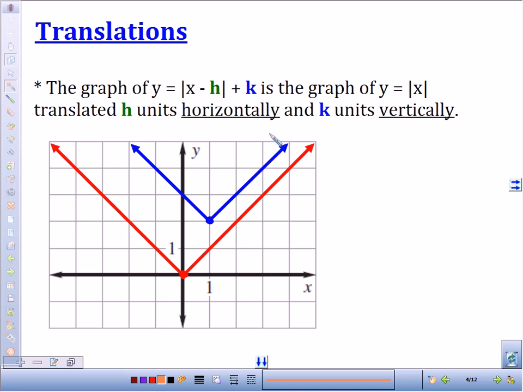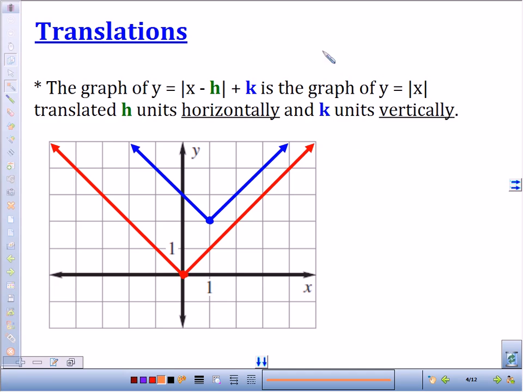The new function has a vertex at 2, 1, the point 2, 1, and it still has slopes on either side of 1 and negative 1. Since the slopes didn't change, the graph is still the same shape. So we have not changed the shape of the graph, we've only changed its location.